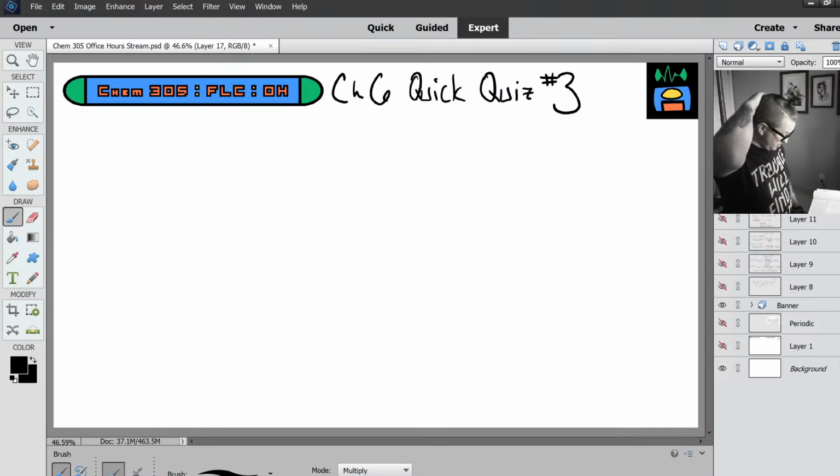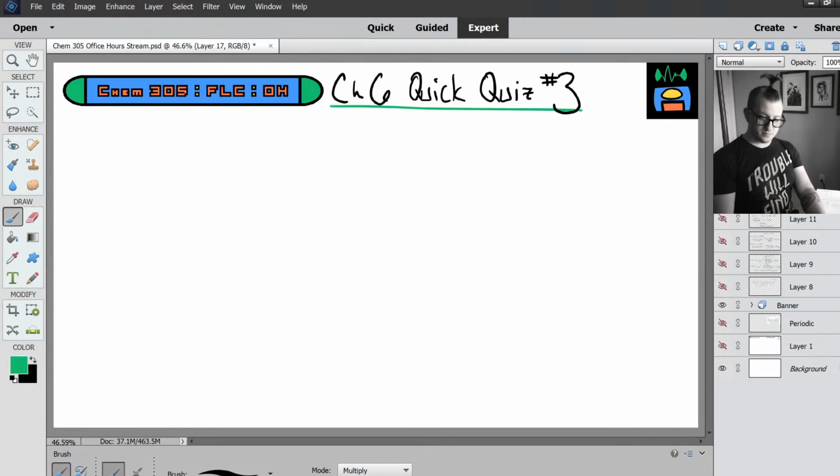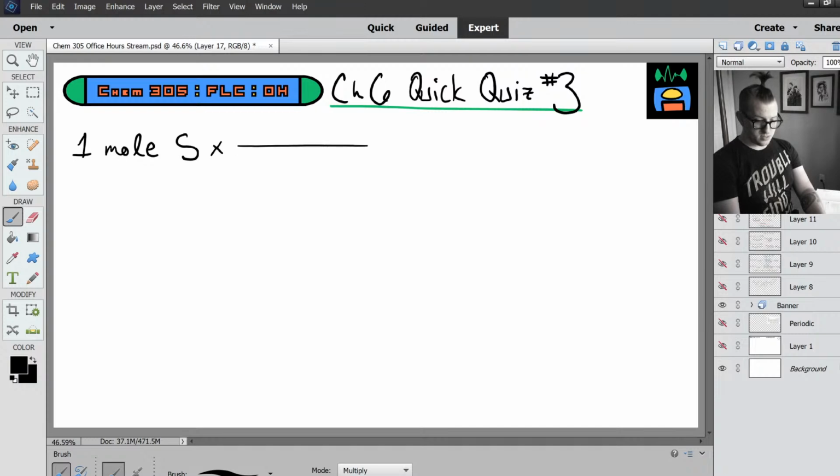All right, let's see. So let's look at this. So 1 mole of sulfur atoms. Let's convert this from atoms to moles. 1 mole of anything is 6.022 times 10 to the 23rd atoms.